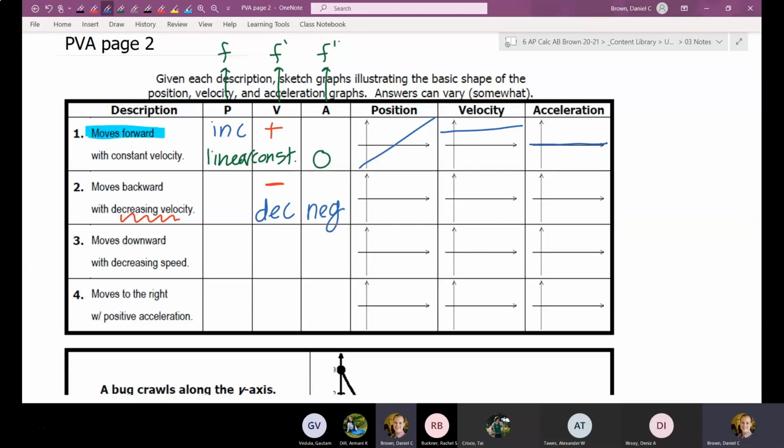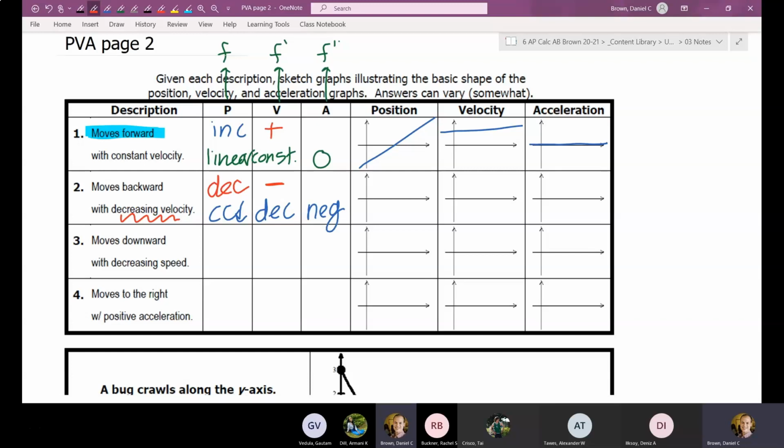What did a second derivative being negative mean about the original function? Concave down. So I know that my position equation would be concave down. And then if my velocity is also negative, I know my original position would be decreasing, because velocity is just like the first derivative. A negative first derivative means my function is decreasing.